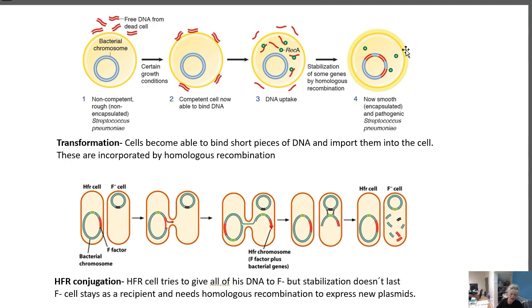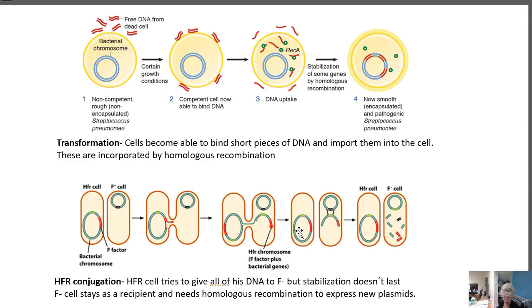So if we take a look here, the cell tries to give all of its DNA to F, but stabilization doesn't last. The F cell stays as the recipient and needs homologous recombination to express its new plasmids. So here are our cells. Here's a mating bridge. The chromosomes are F factor, pilus, and bacterial genes.